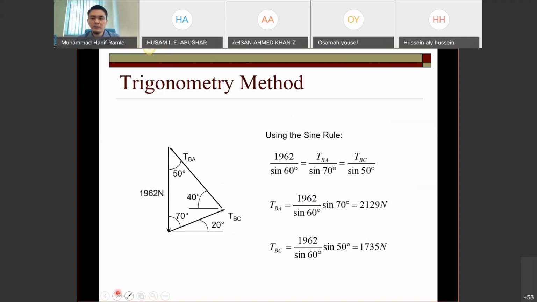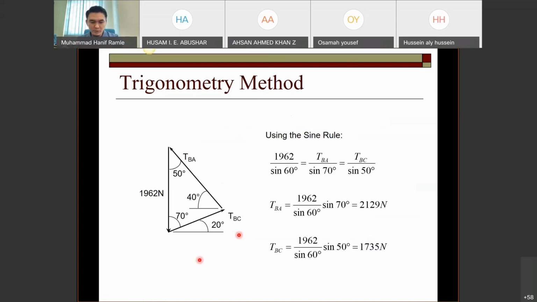If the forces are more than 5, then trigonometry is not suitable. You have to use a rectangular component. So trigonometry is lacking as well, and the best method that I normally use is the rectangular method. Never mind, it's up to you. If you want to use trigonometry, you can proceed with that.